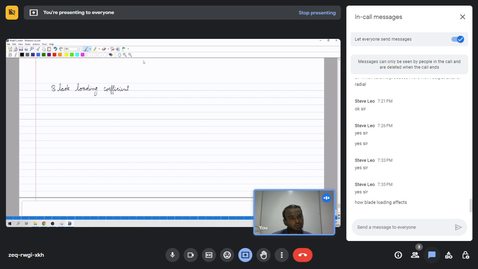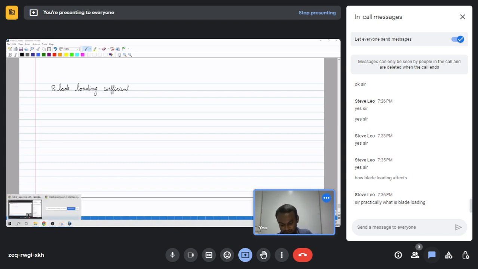How blade loading affects what? Does it affect structural performance? I haven't gone through the blade loading at all. What is blade loading? Okay. I'm also not sure. You can check on the internet.